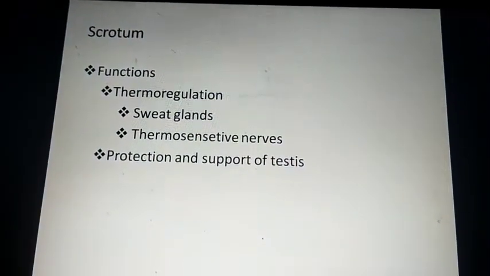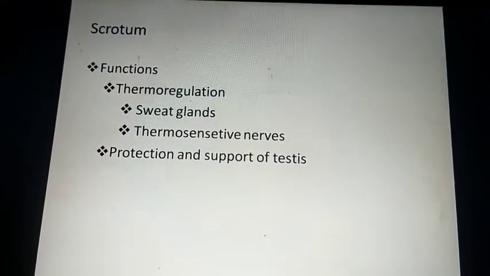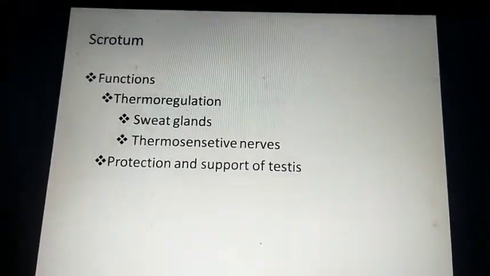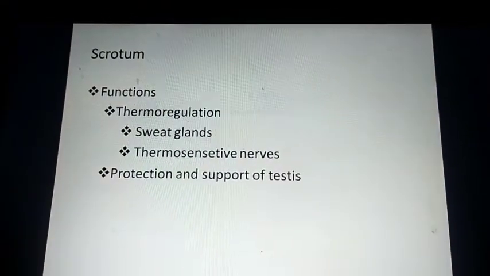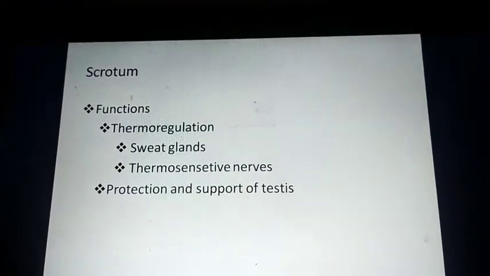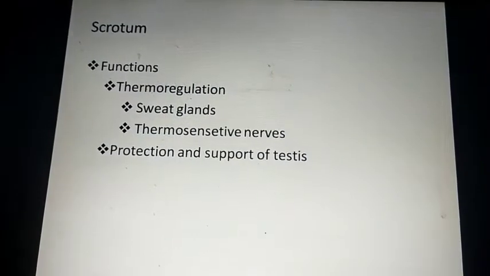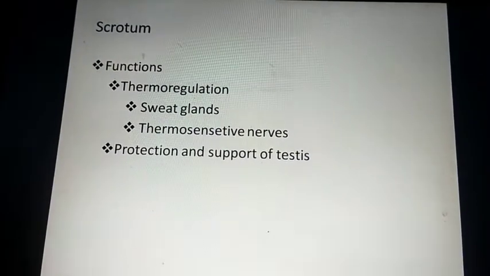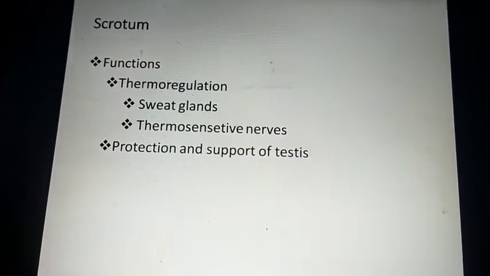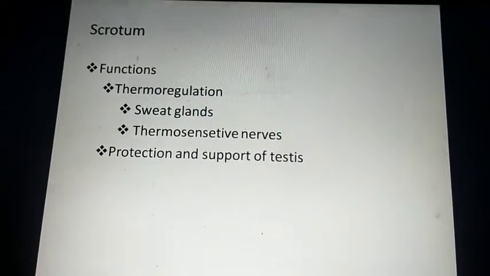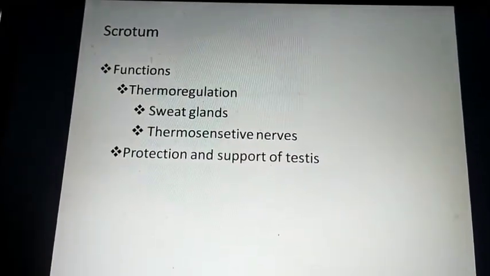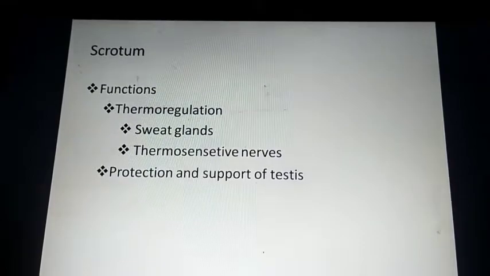The first function of the scrotum is thermoregulation, because the temperature maintained helps in the production of spermatozoa. Then it has sweat glands that produce sweat. Then it has thermosensitive nerves, and it also provides protection and support to the testes.